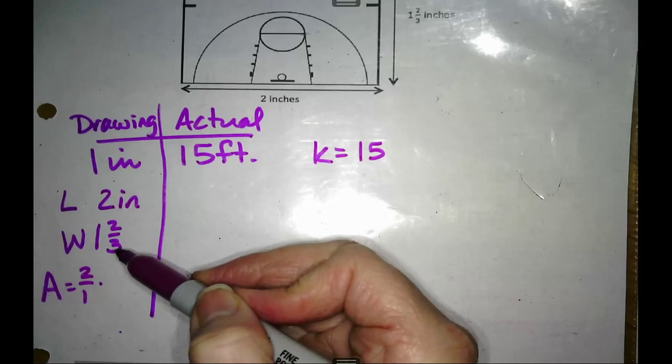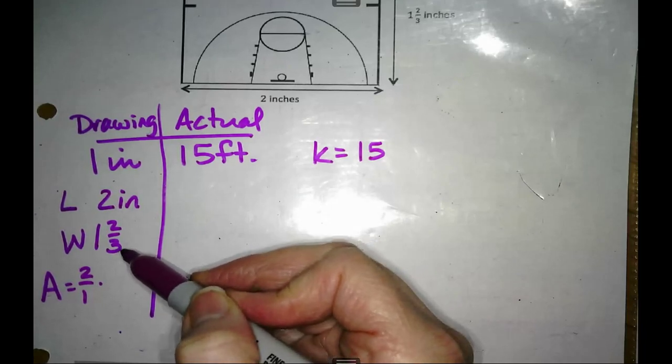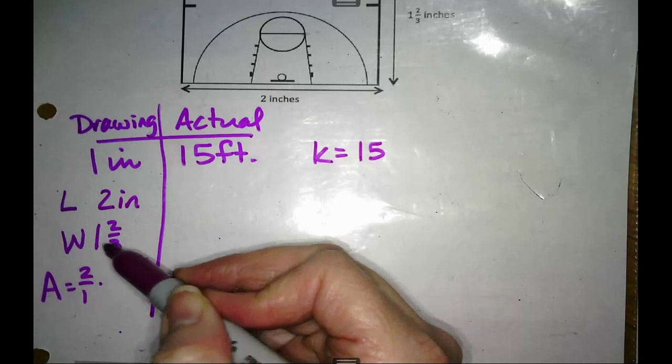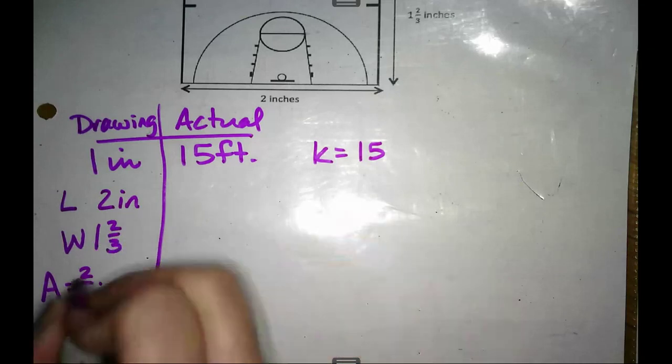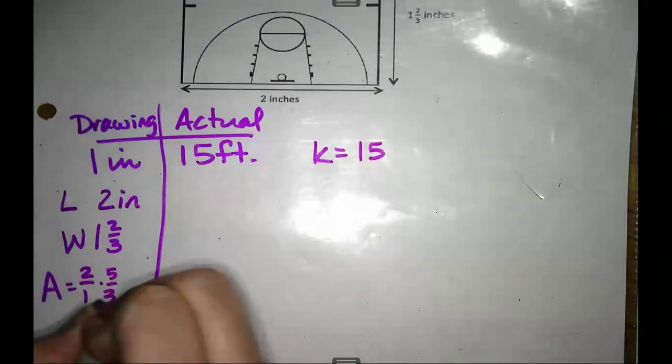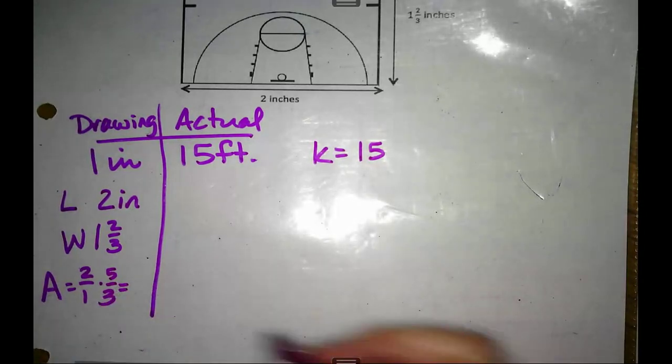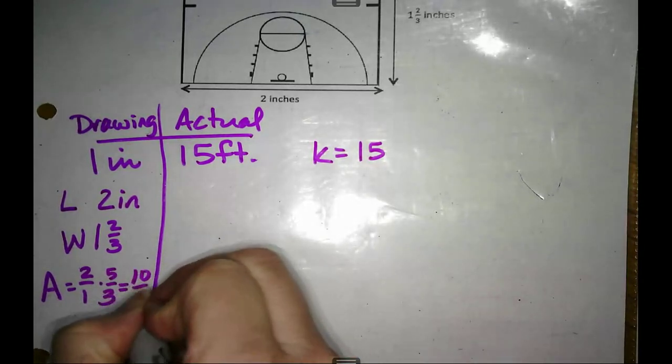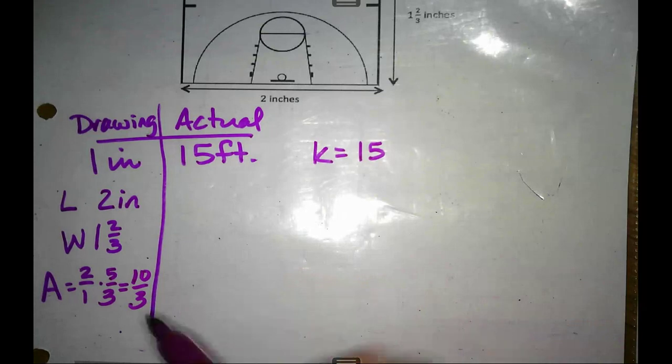In order to multiply by 1 2/3, I need to change this to an improper fraction. 3 times 1 is 3 plus 2 is 5/3. And when I multiply that, I get 10/3. Now, if this was going to be my final answer, I would want to change it back to a mixed number. But this is not the final answer that I'm looking for.